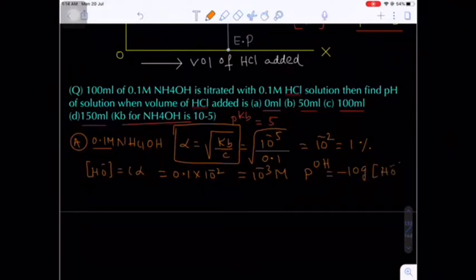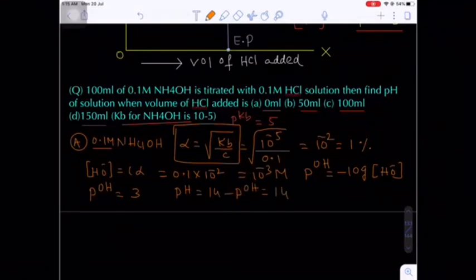From here we are calculating the pOH, because this is a base, that's why we are calculating pOH, which is equal to negative logarithm base 10 of the OH minus ion concentration. So from here I am writing the pOH value is equal to how much? 3. Now we know the relation between pH and pOH: pH plus pOH is equal to what? 14 at room temperature.